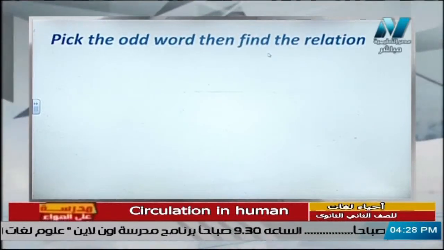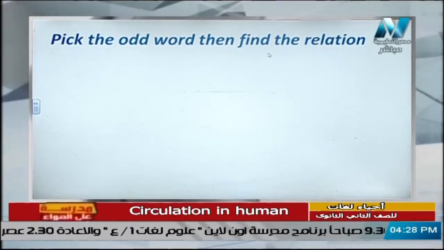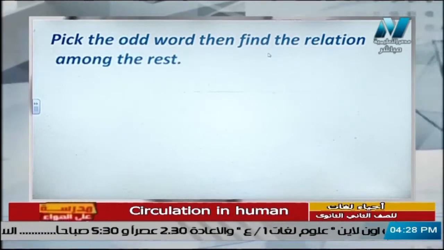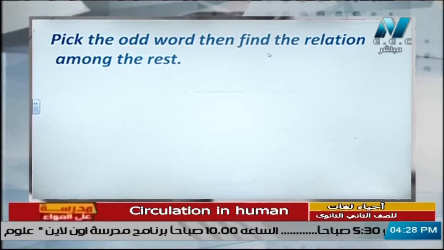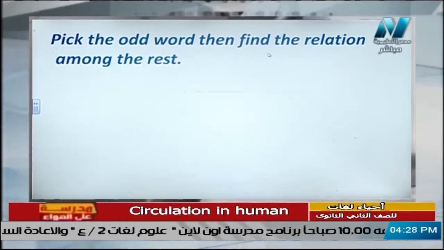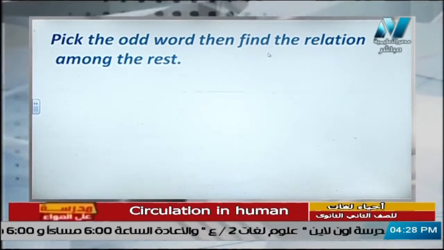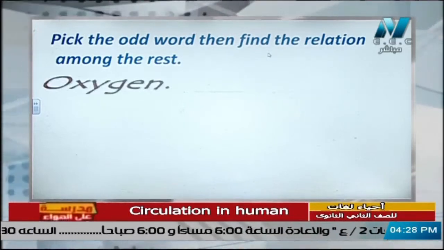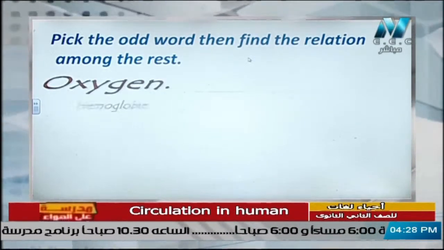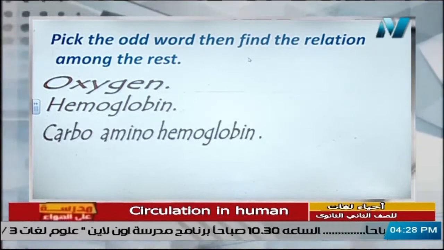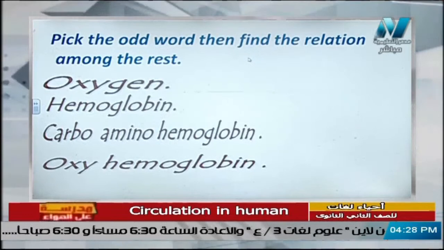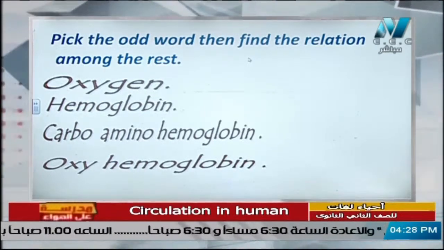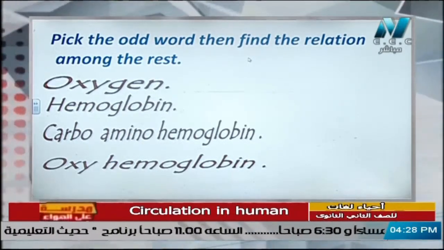Next question is, pick the odd word, then find the relation among the rest. We take the word that has no relation to the topic, and find the relation among the rest of the words. If we look together, we find oxygen, hemoglobin, carboaminohemoglobin and oxyhemoglobin. It says pick the odd word. Which one has no relation?